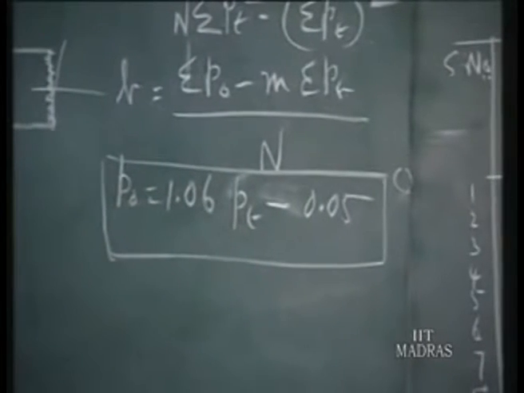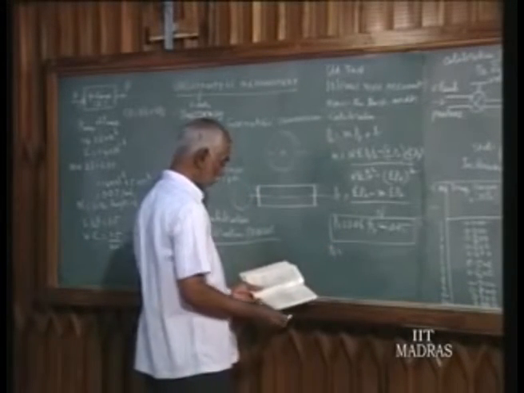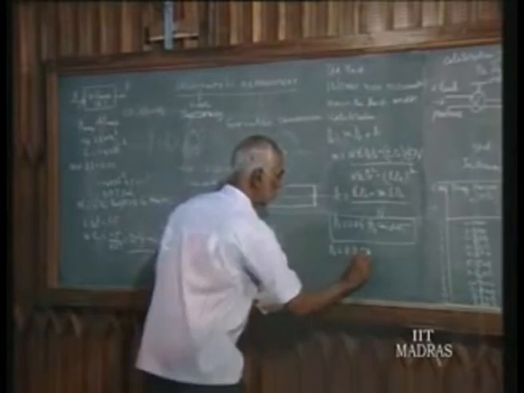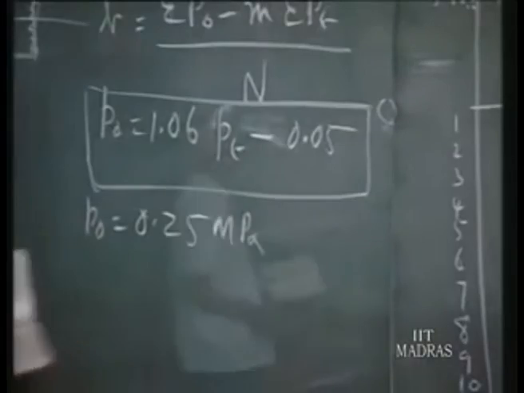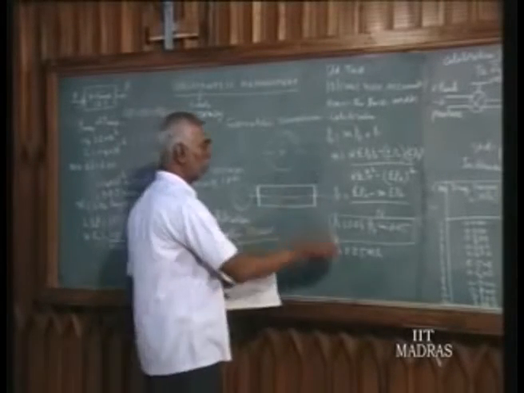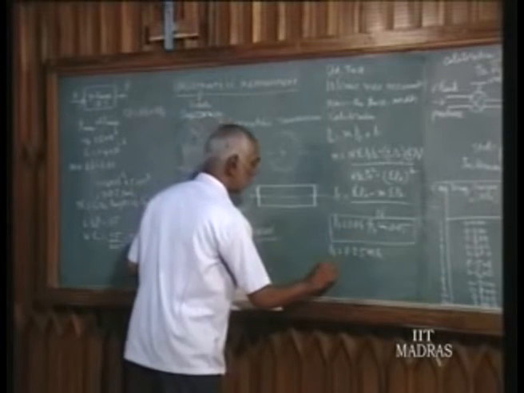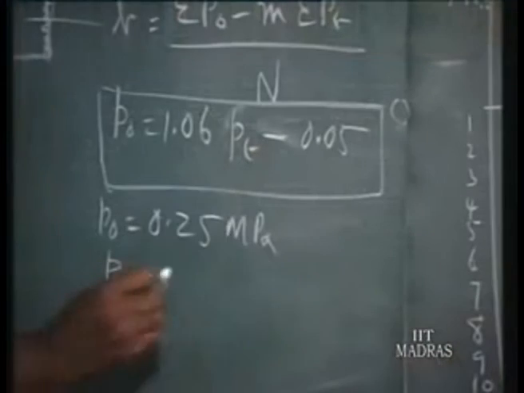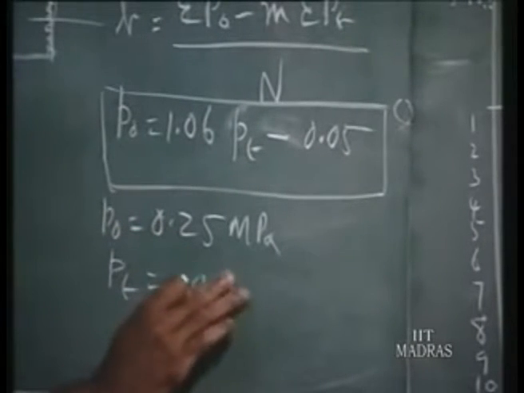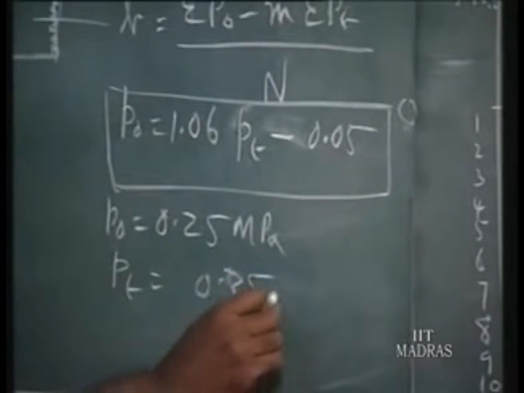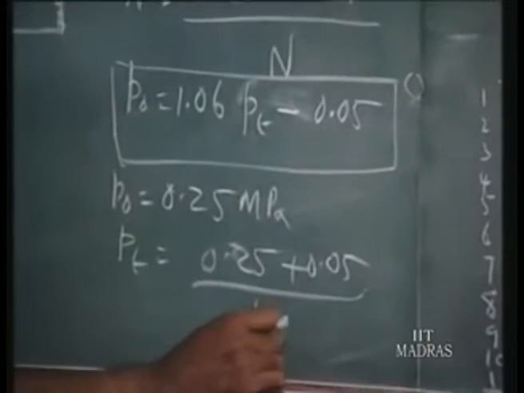For example, if P0 is equal to 0.25 megapascal, that is, when we use the instrument to measure an unknown pressure, the instrument gives a reading of 0.25 megapascal, then the corresponding value of Pt is equal to (0.25 plus 0.05) divided by 1.06.